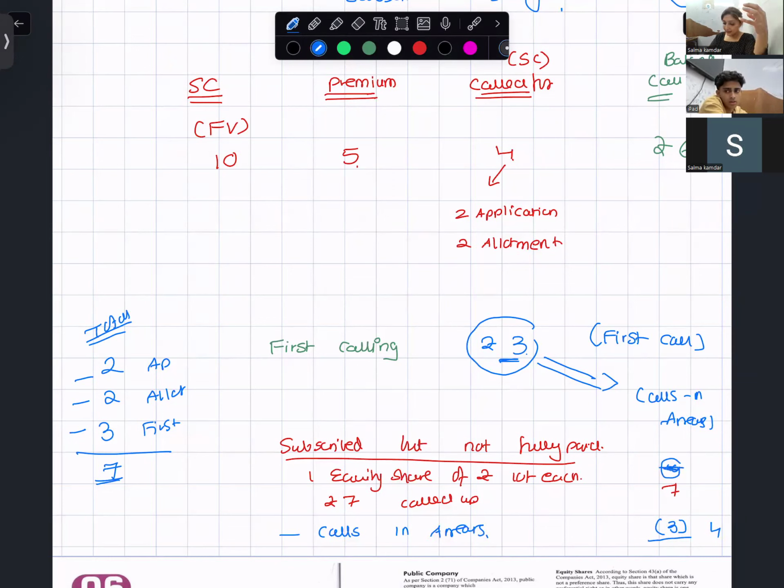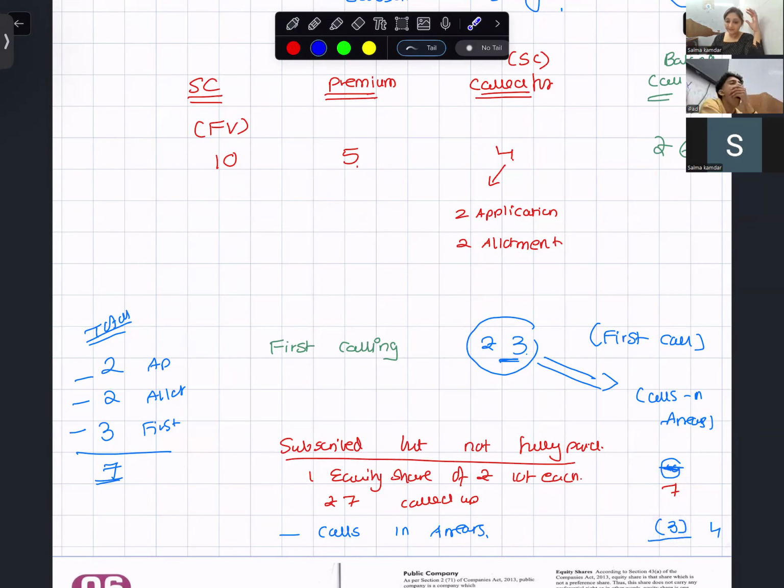So this is what it means that I will not write 10 over here. I will write over here only that amount which I have called up, not the rupees 10. Only the called up amount, the face value of it will be written. From this, you will minus the calls in arrears, what they have not paid, and the amount that you get outside is what you have received.